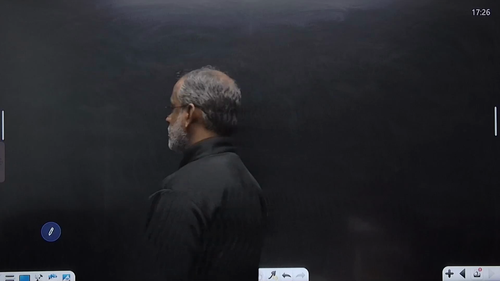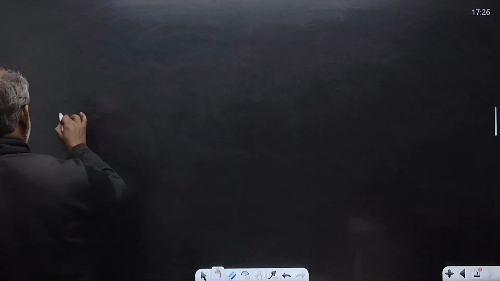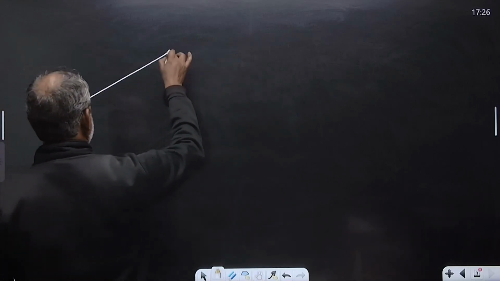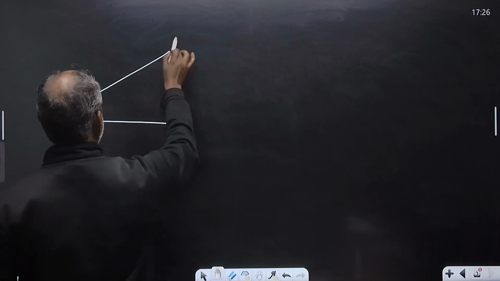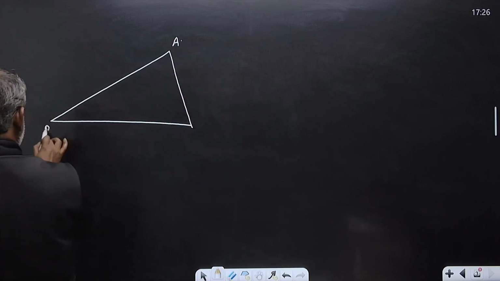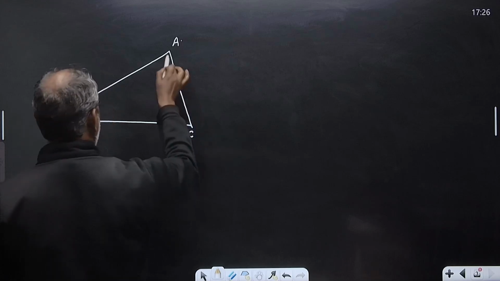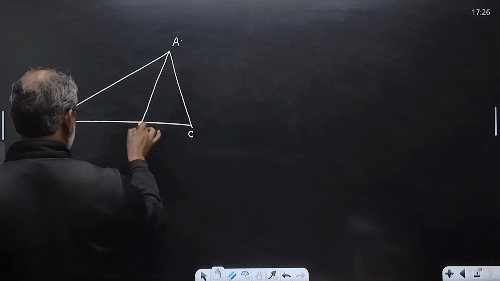Now suppose ABC is a triangle and this is an angle bisector.